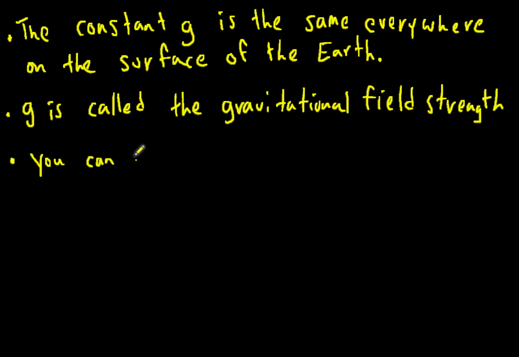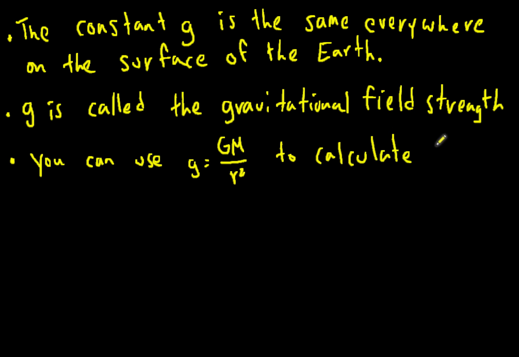You can calculate the gravitational field strength for any planet using the formula little g equals universal gravitation constant times the mass of the planet divided by its radius squared.